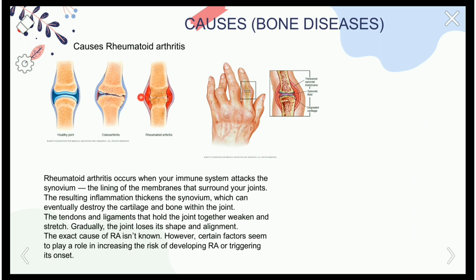The tendons and ligaments that hold the joint together weaken and stretch. Gradually, the joint loses its shape and alignment. The exact cause of rheumatoid arthritis isn't known. However, certain factors seem to play a role in increasing the risk of developing rheumatoid arthritis or triggering its onset.